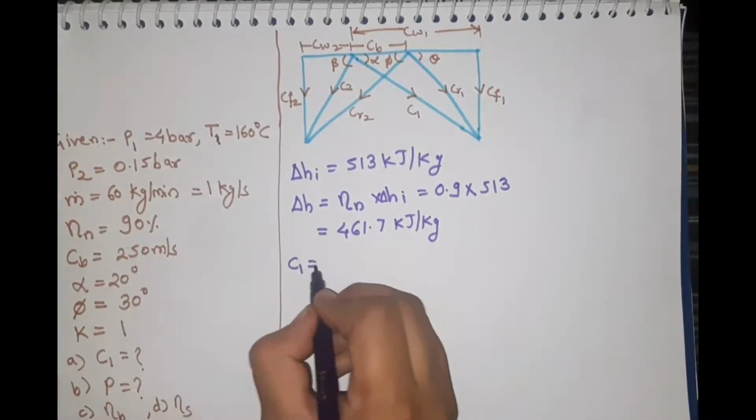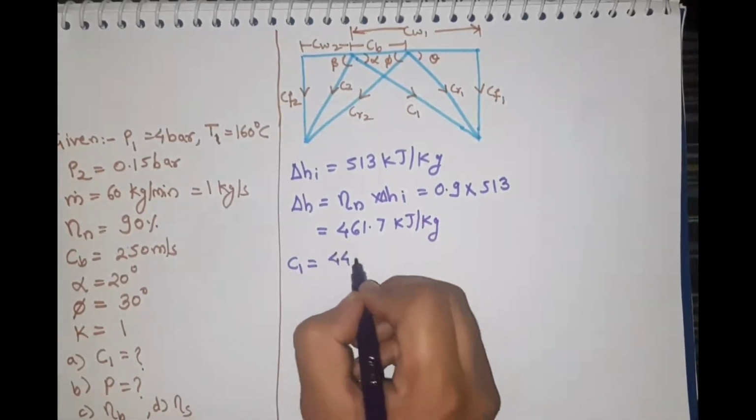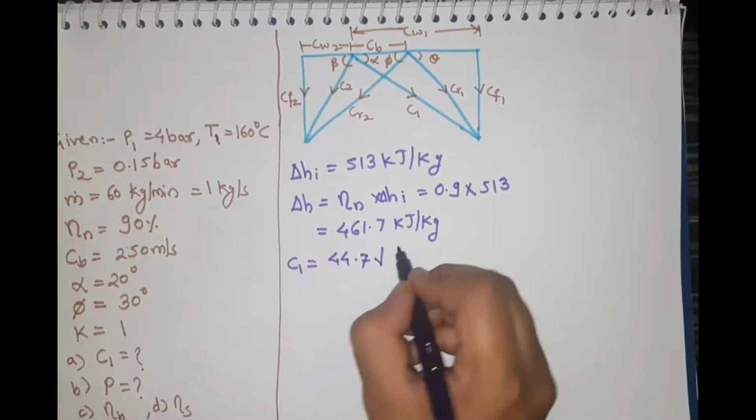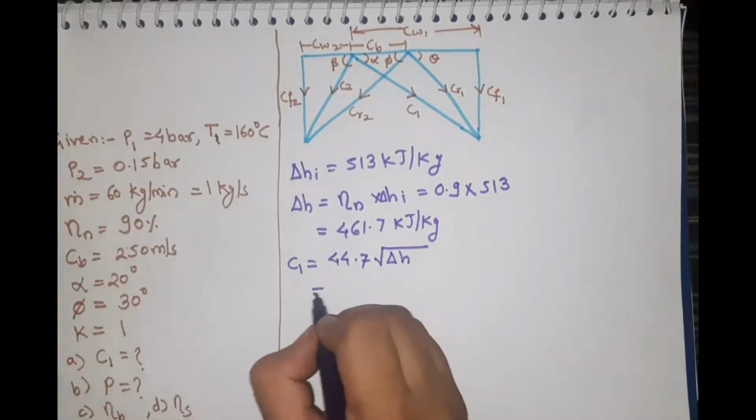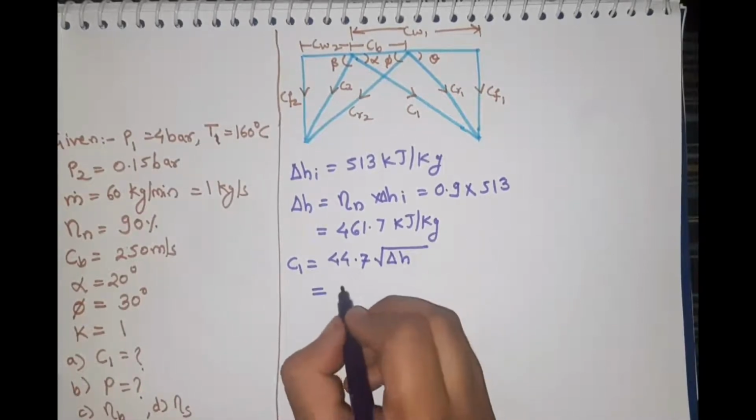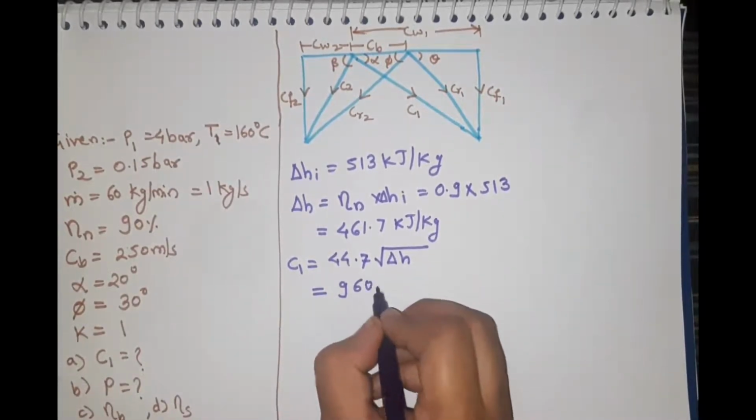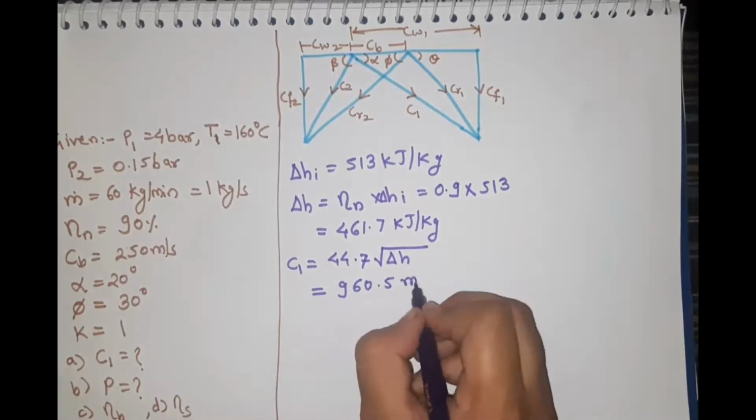Now C1 is equal to 44.7 root of delta H. If we put the value of delta H over here, we will get C1 as 960.5 meter per second.